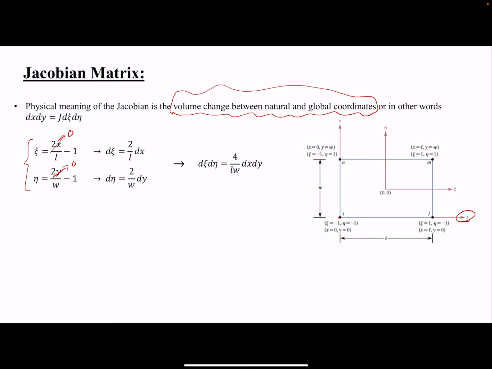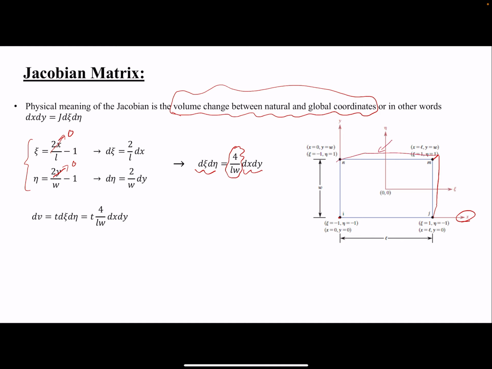And if I'm interested in the area, I have dξ dη over dx dy. So this would be the value that I have to multiply if I'm moving from one area to another area. So that's why we said Jacobian is the change between the two volumes. And then here, for the volume, you just need to multiply by the thickness if you have the area.